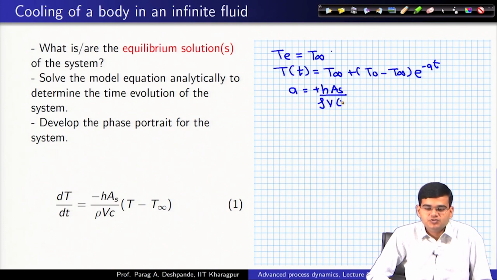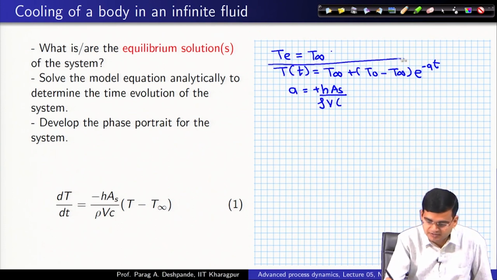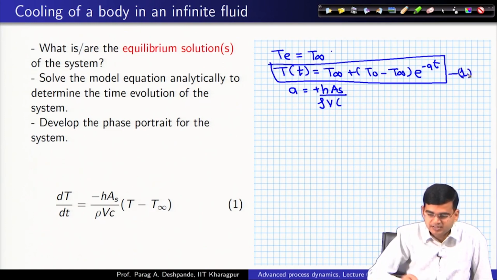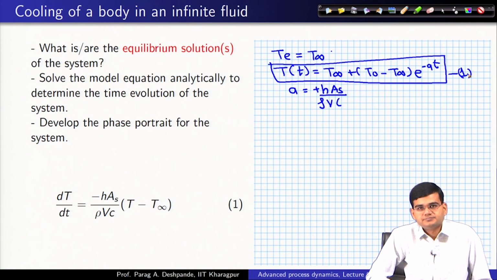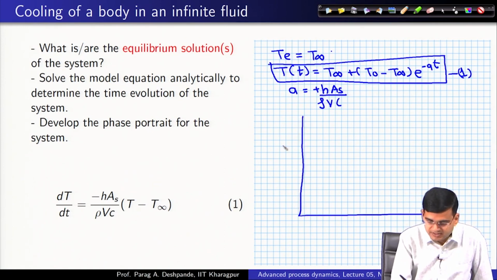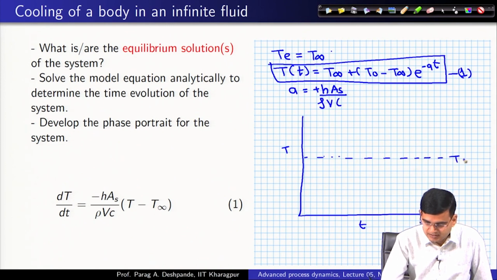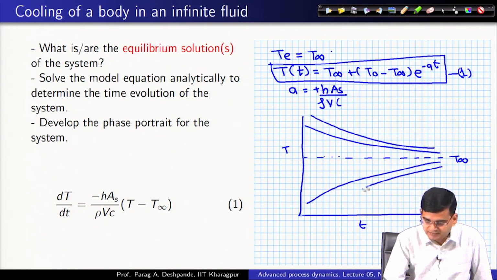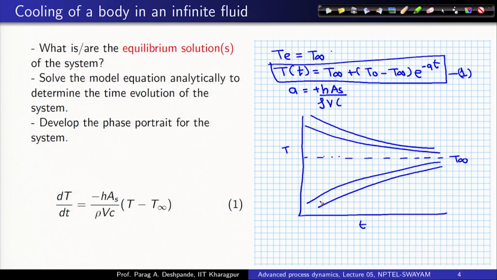Further, using this solution we developed the phase portrait. Very quickly, the phase portraits looked like this: this is the equilibrium solution, then the phase portraits look like this. This is the general idea that we got in the previous lecture.